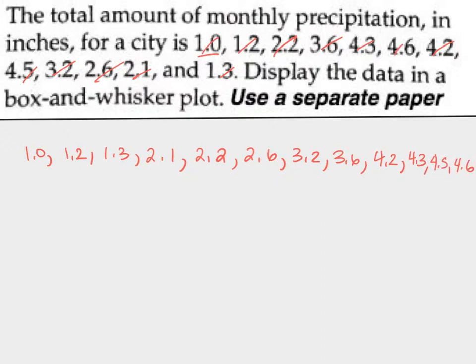Count to make sure we have them. 1, 2, 3, 4, 5, 6, 7, 8, 9, 10, 11, 12. We organized it from least to greatest.